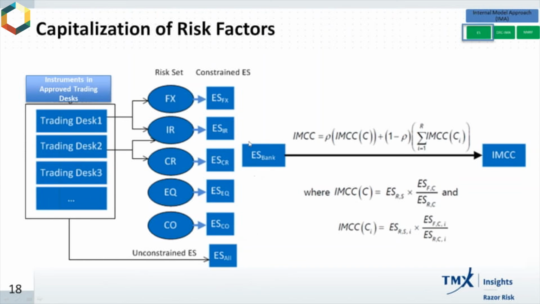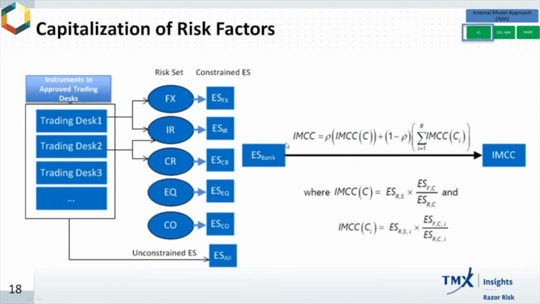And then calculate partial ES, also called constrained ES, for each risk factor class, as well as the ES for the full risk set, which is unconstrained ES.